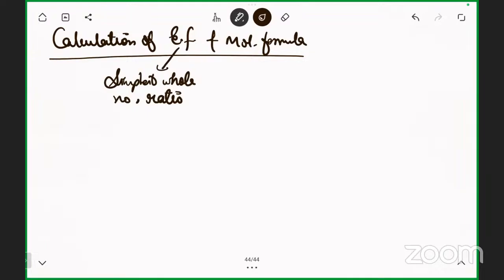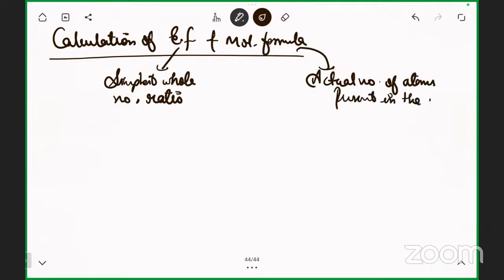While the molecular formula is the actual number of atoms present in the molecule. That is, the actual number is the molecular formula, the simple number ratio is the empirical formula.